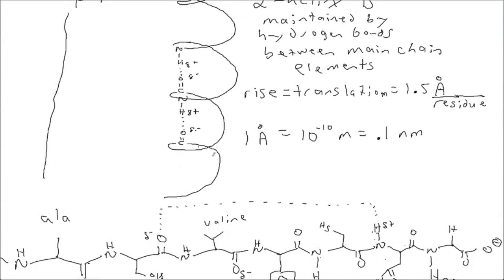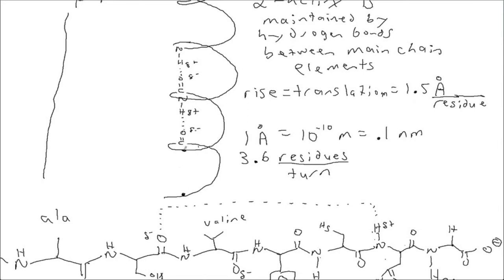Another important idea is that in the alpha helix, there are 3.6 residues per turn. Do you see what I mean by that? So for example, if you start here and then you move to this point here, how many amino acids are there between, say, this point and this point? 3.6.